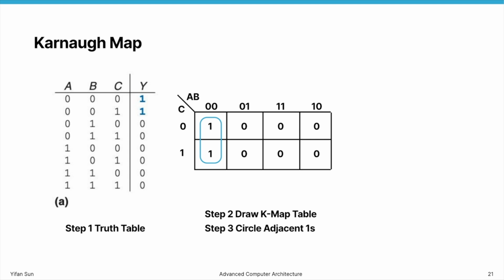Then we represent each circle with a product. What's this product? It's basically by looking at the values of A and B. And A and B are 0 and 0, so it's A prime and B prime. Okay. You don't know how hard I found it when I was an undergraduate student learning these things.